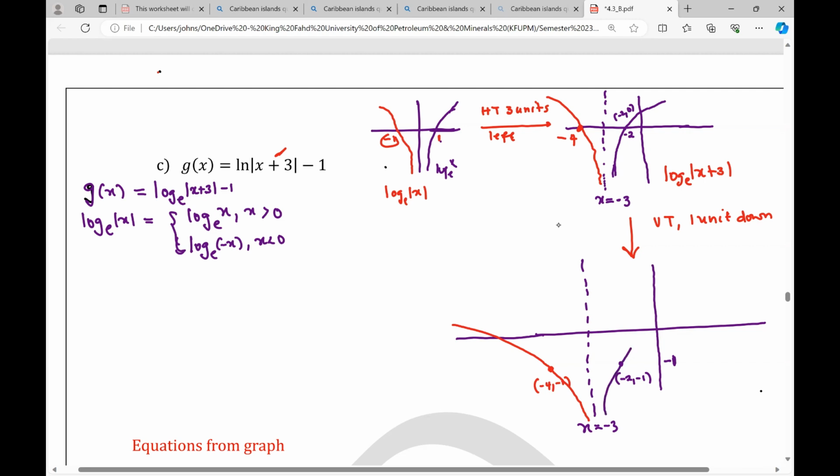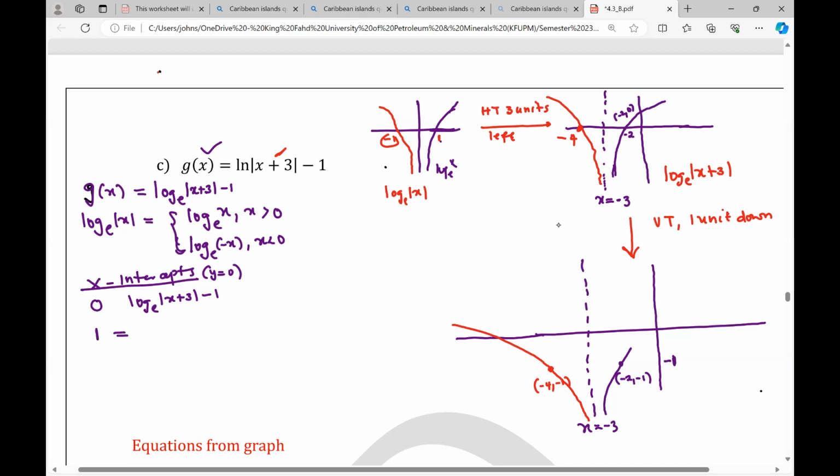So for us to be sure, we can find the x-intercept. So let's come here now, and let's say the x-intercept. So x-intercept means y is equal to 0. Put y equals 0, or g equals 0, you will have log to base e of absolute value of x plus 3, minus 1. Remember, ln is the same thing as log to base e. So you take 1 to the other side.